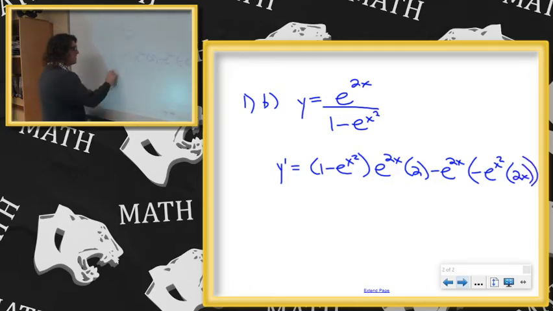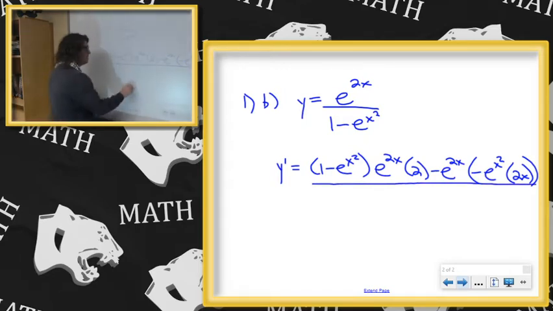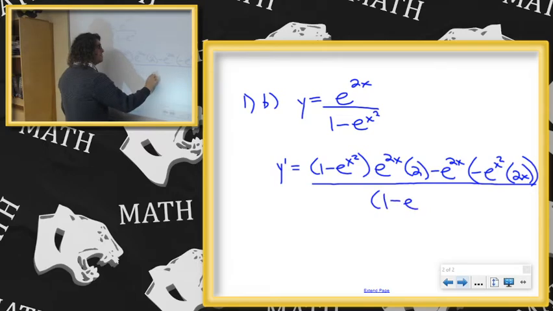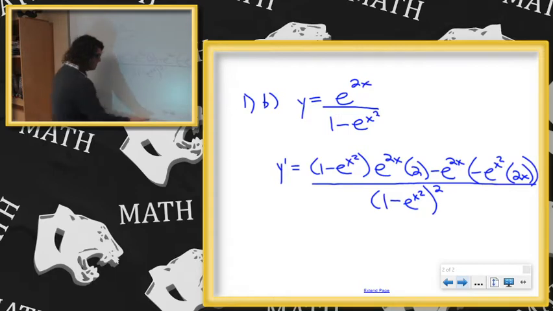So low d high minus high d low all over the denominator squared. And so it says not to simplify, so I just shouldn't touch it. We'll leave it at that and continue.